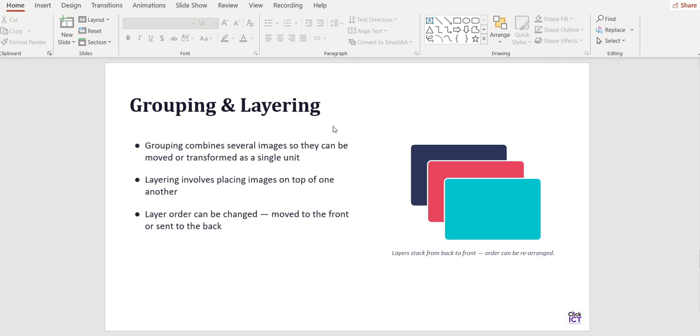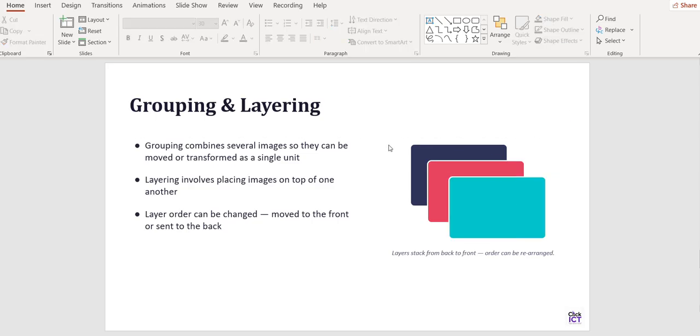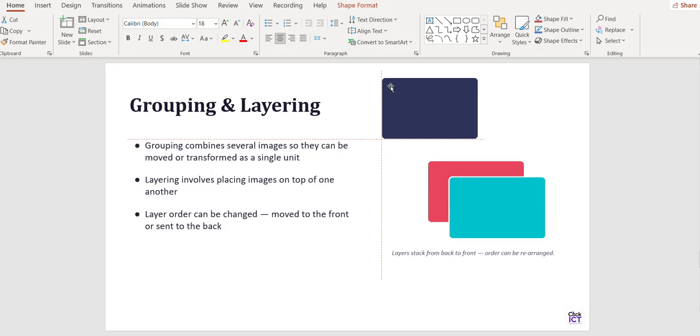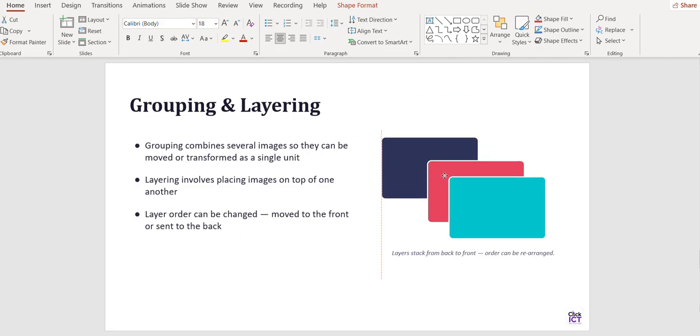Now we will be knowing about grouping and layering of the images. The grouping combines different images so they can be moved or transformed as a single unit. Let's try to group these different rectangles, these shapes. For example, if I am moving one rectangle, it is moving alone, but I want to move them together.